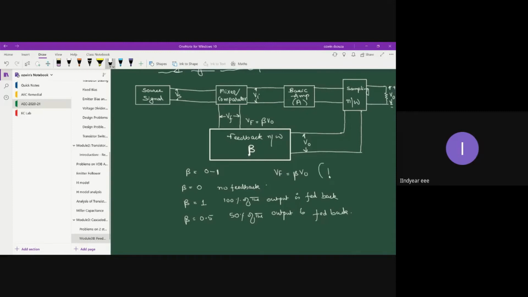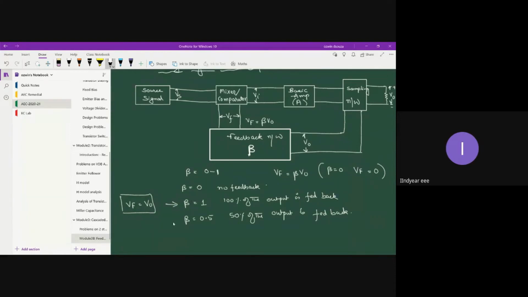If beta is equal to 0, VF is equal to 0. That means to say no feedback. No feedback signal means no feedback. On the other hand, if beta is equal to 1, then VF is equal to V0. So feedback signal is equal to output voltage. So that is nothing but 100% of the output is being fed back to the comparator.